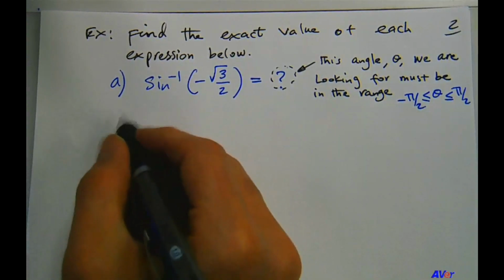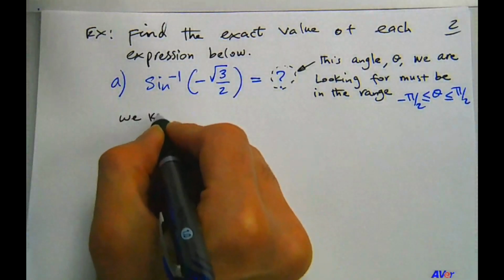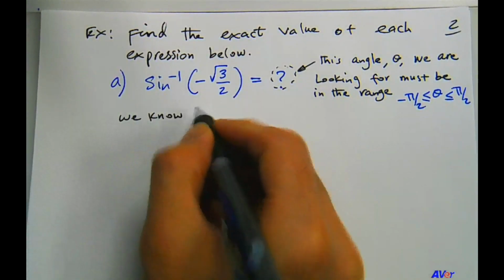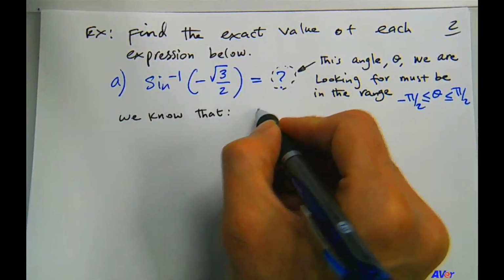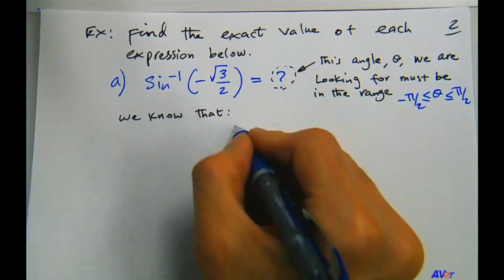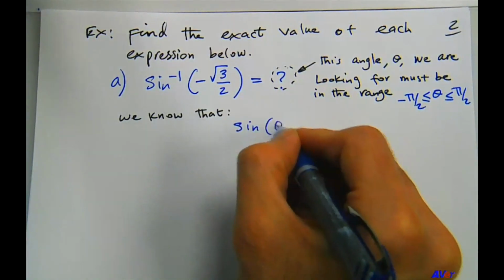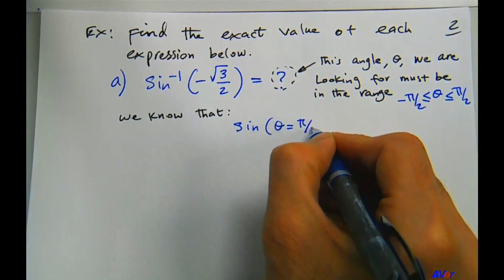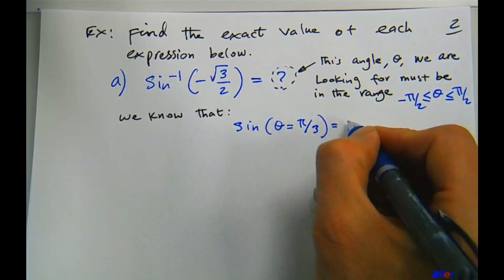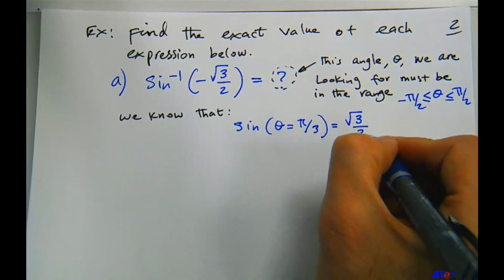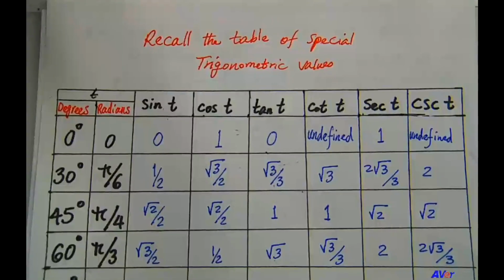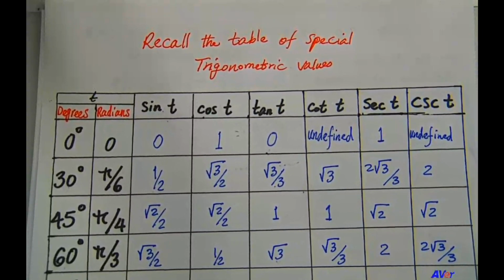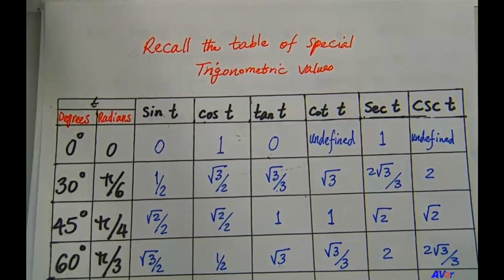So we know that sine of pi over 3 is equal to square root of 3 over 2, right? We know that from this special table of angles and trigonometric values.